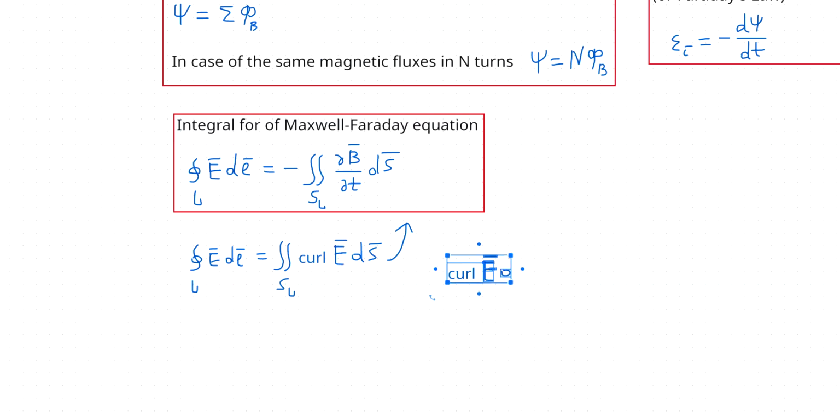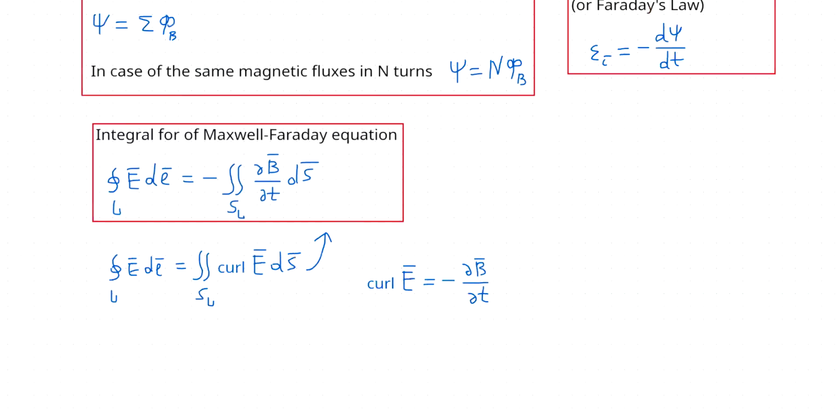We will get the differential form that curl E is equal to minus dB/dt. So this is the differential form.